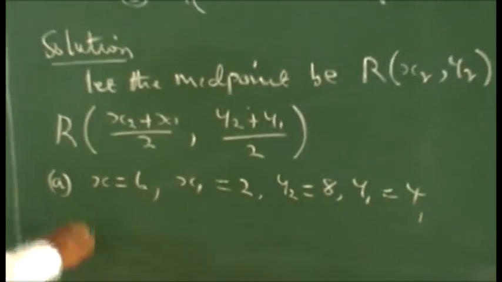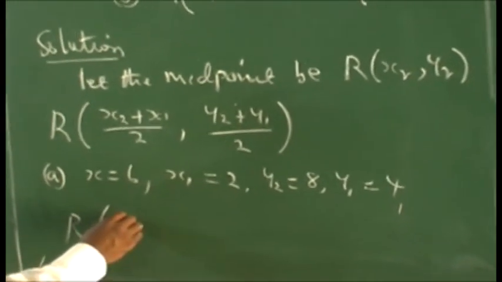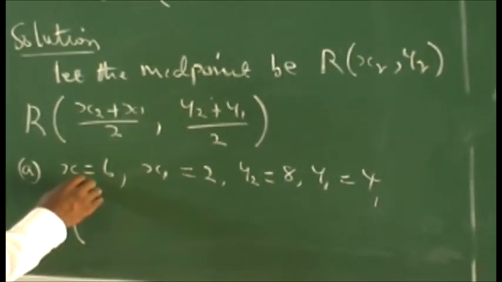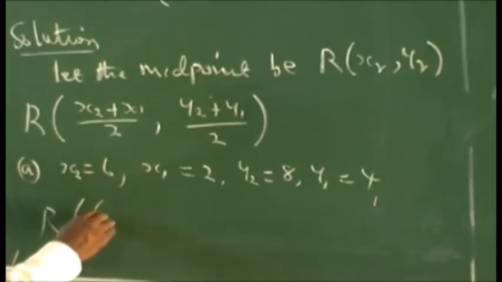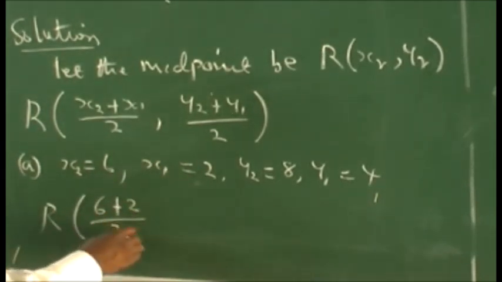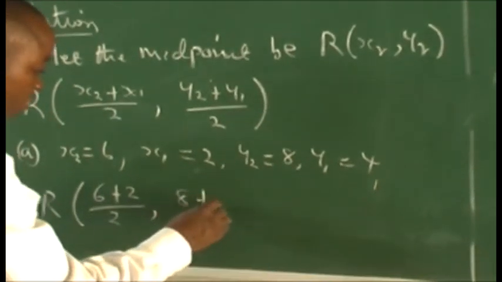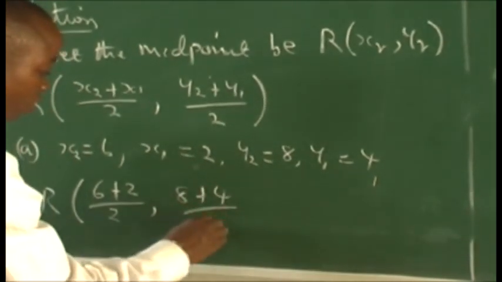So you can put that. Then we will have 6 plus 2 all over 2, then 8 plus 4 all over 2.